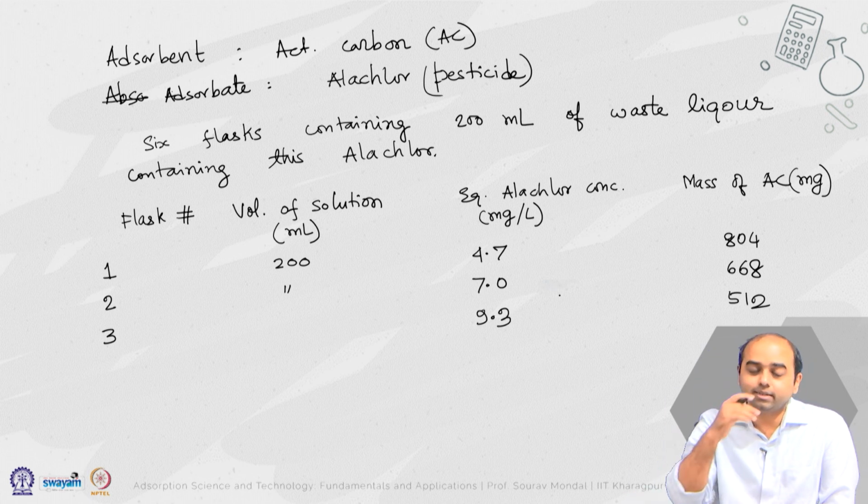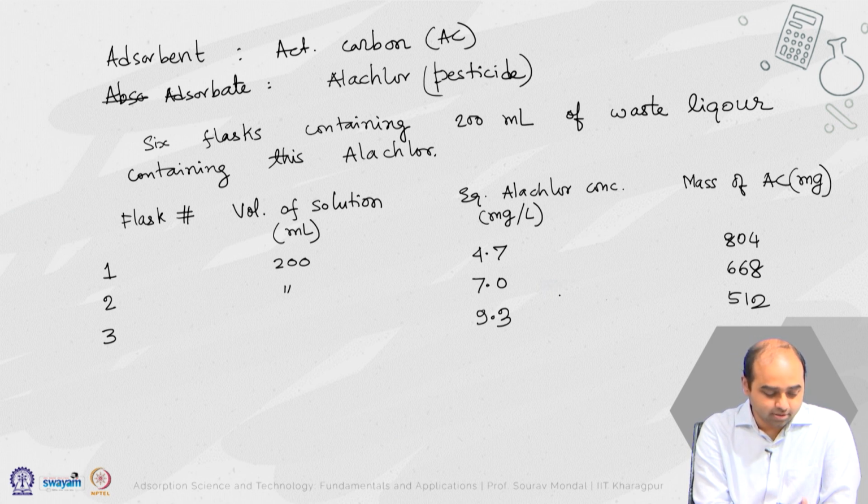As you can understand, as the mass of the adsorbent is reduced, the equilibrium concentration increases, because you do not have a sufficient amount of adsorbent to take up this alachlor.